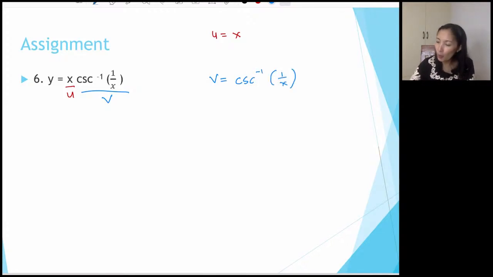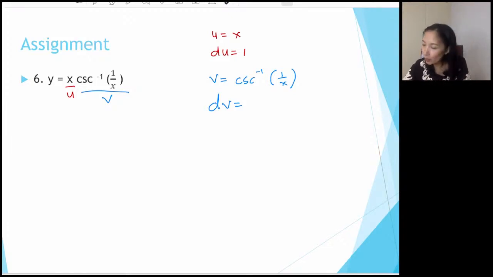Okay, so du equals 1. And dv, look at dv. And the argument is 1 over x, arc cosecant of 1 over x.